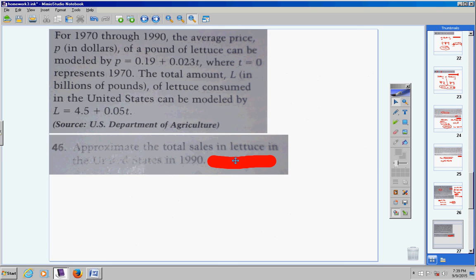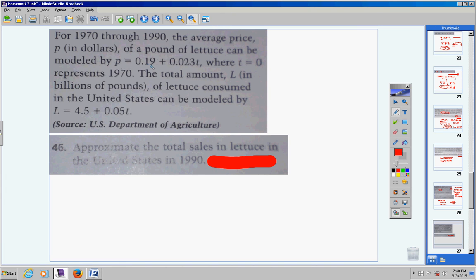Okay, now they want us to approximate the total sales in lettuce in the United States in 1990. The total sales. Now, really, to be honest with you, nowhere do we have a model that gives us total sales. So we got to do some thinking here. We have one model that gives us the average price per pound of lettuce.